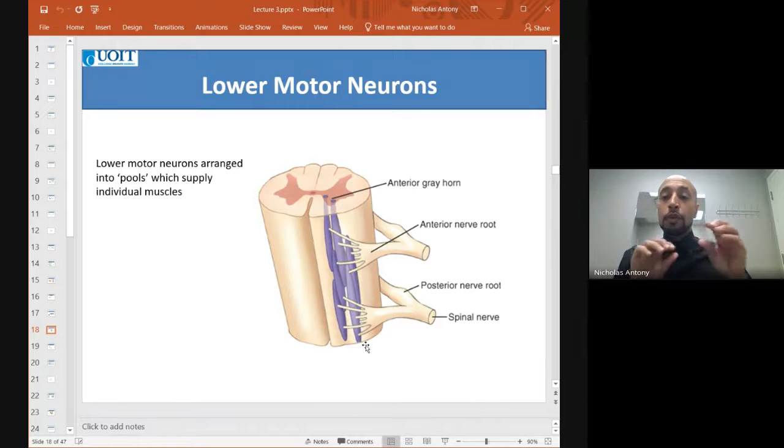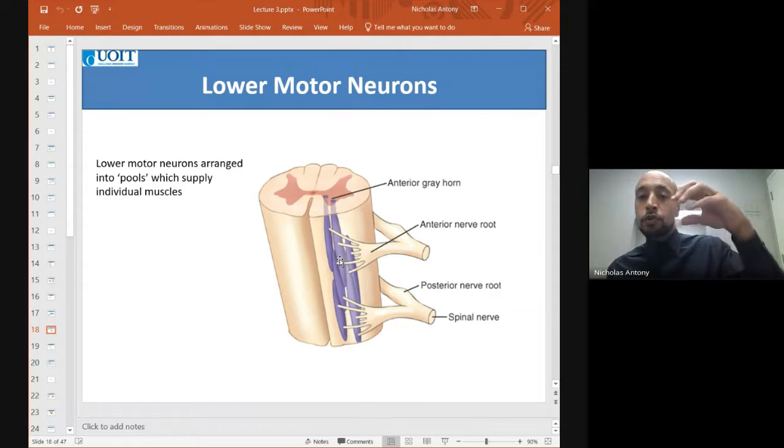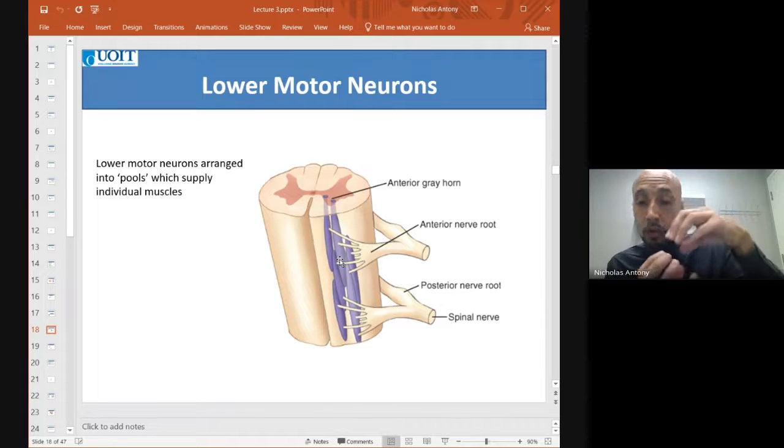Now, the lower motor neurons are all arranged in what's called lower motor neuron pools. This is a labeled diagram, a picture that's obviously made up, but the way to visualize it is that the collection of cell bodies for the lower motor neurons to a given muscle are all organized in what's called lower motor neuron pools.